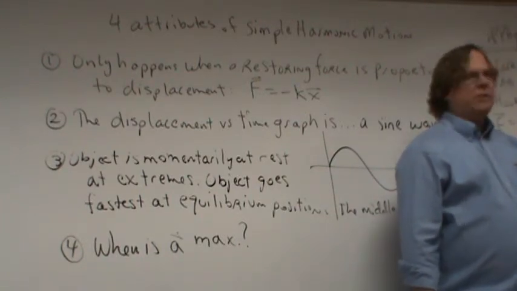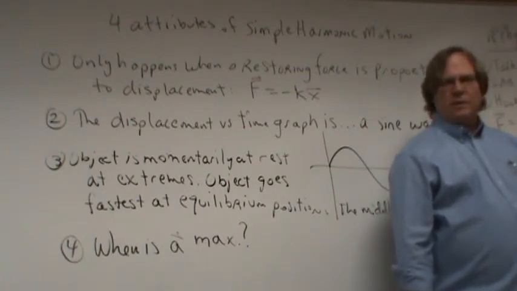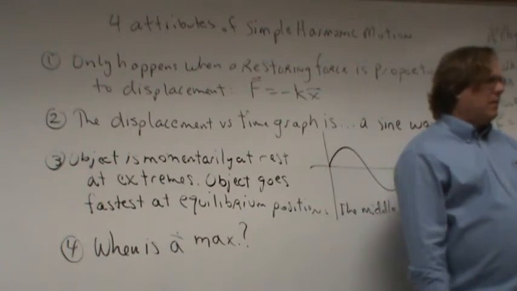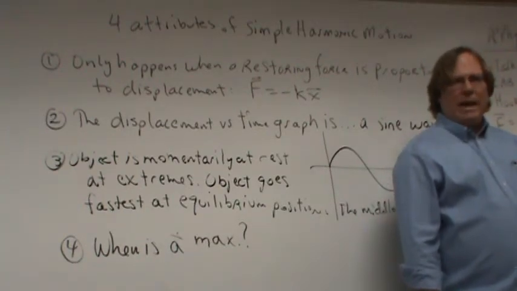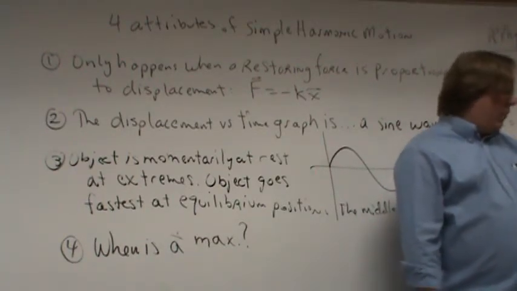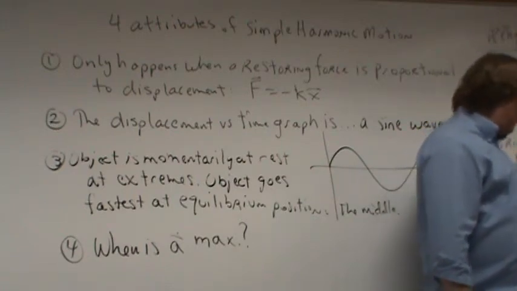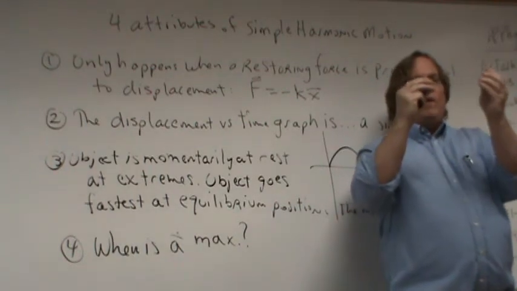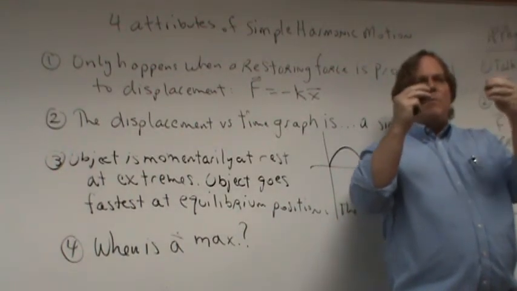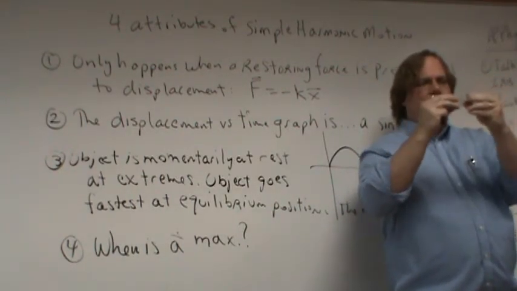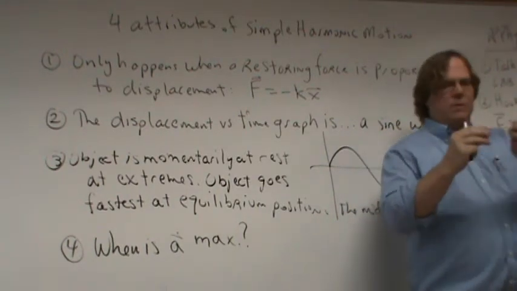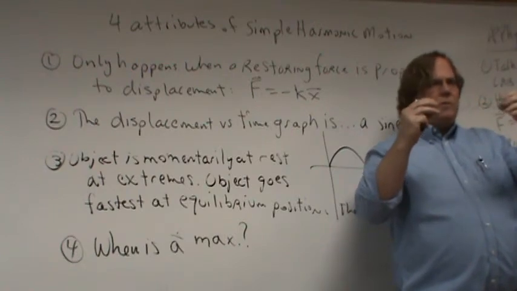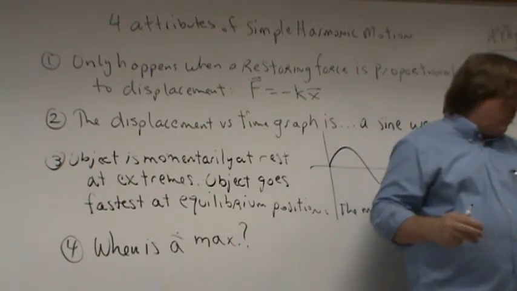So the acceleration is going to be maximum when the force is maximum, right? F equals ma. If I want a to be real big, F has to be really big. Well, where in the travels of a mass on this spring is the force going to be maximum? The bottom. Good. At the bottom, when it's most compressed, or when it's most stretched. At the bottom or the top.